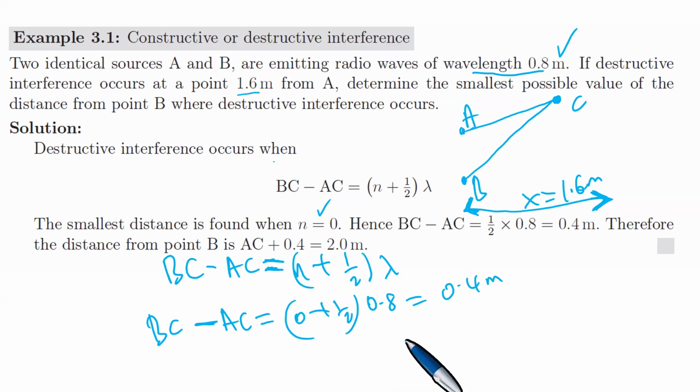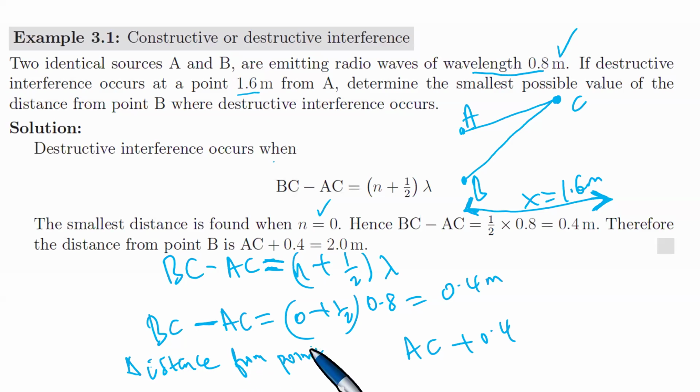So now this distance would therefore be AC plus 0.4, the distance from point B. The distance from point B becomes exactly AC plus 0.4.